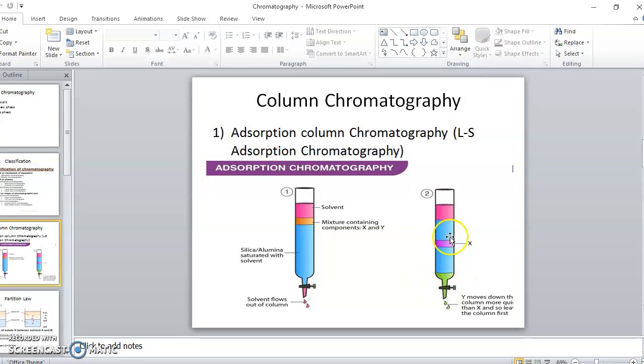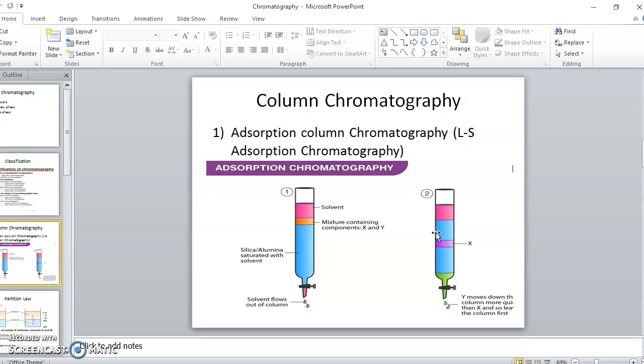And the solvent which you use for separating the individual component is called eluent. E-L-U-E-N-T, eluent. And the process of separating the adsorbed component is known as elution. Similarly, you have to pass another solvent in which only Y gets dissolved.